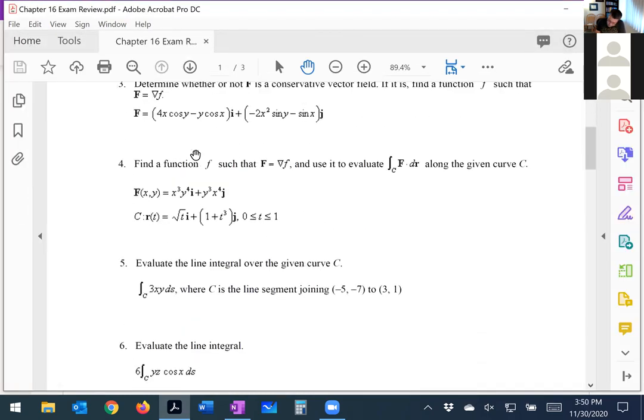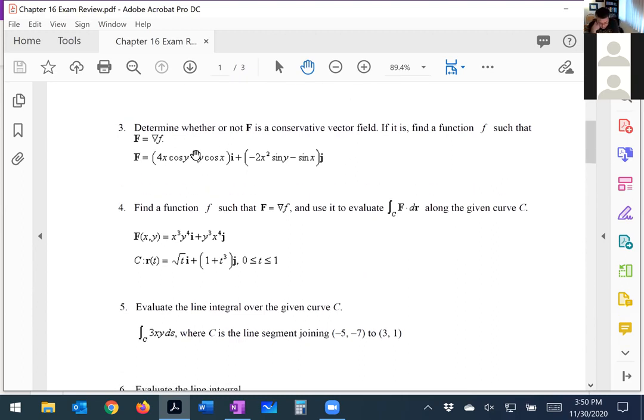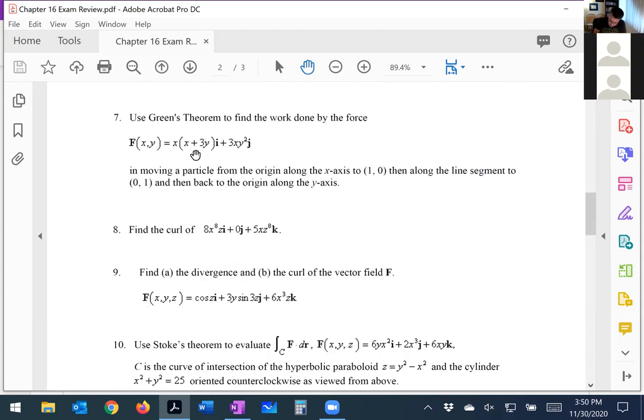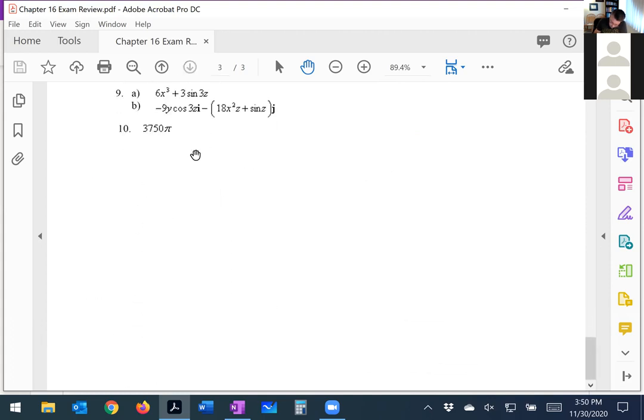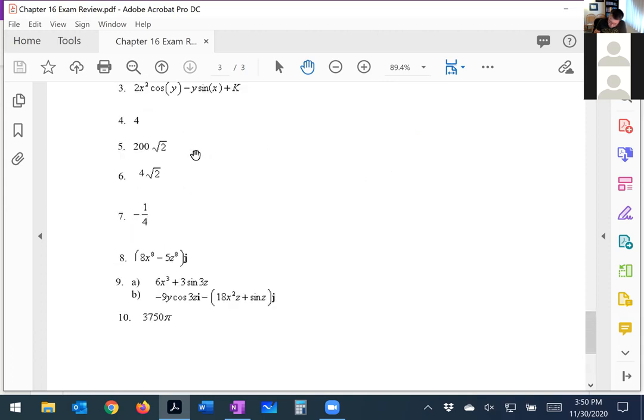Okay, so 3 says determine whether or not F is conservative. If it is, find a function f such that F is equal to the gradient of f. So we want the parent function on that one. Let's do 3 here.